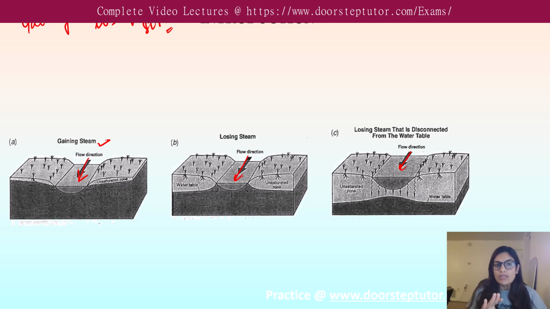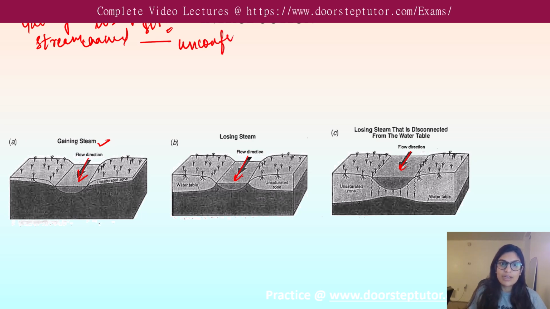How? Before we start with that, let me tell you that when a stream channel is connected directly to an unconfined aquifer, that means if they have a connection, then water can flow between them.